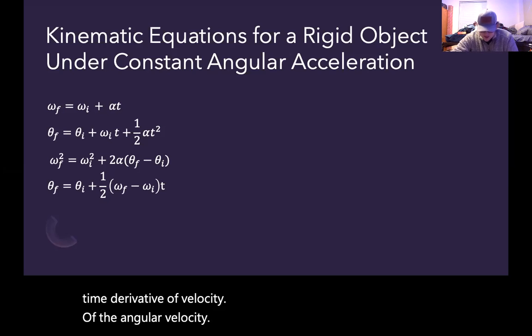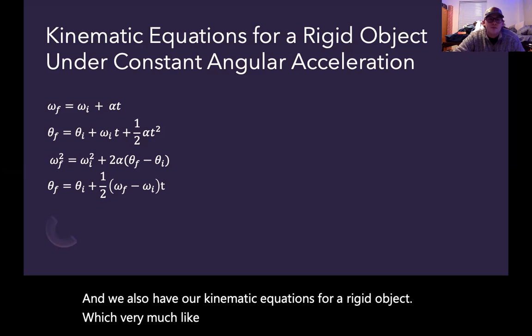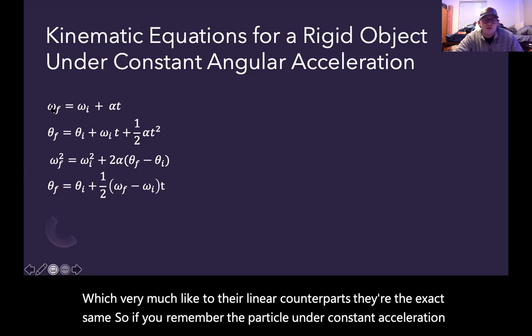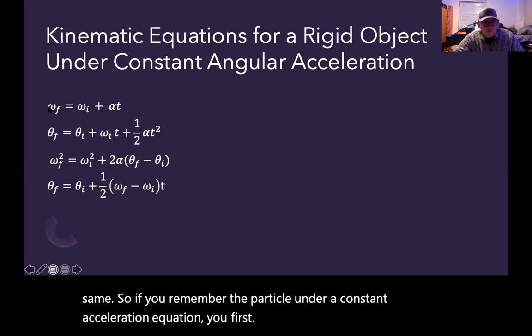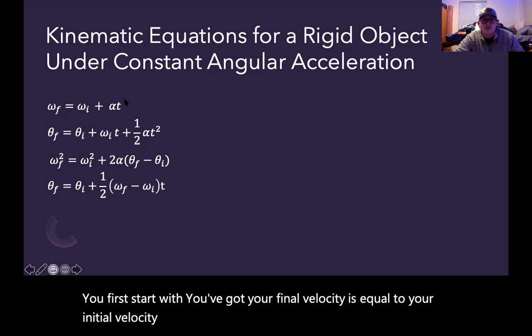We also have our kinematic equations for a rigid object, which are the exact same as their linear counterparts. If you remember the particle under constant acceleration equations, you first start with: your final velocity is equal to your initial velocity plus your acceleration times time.